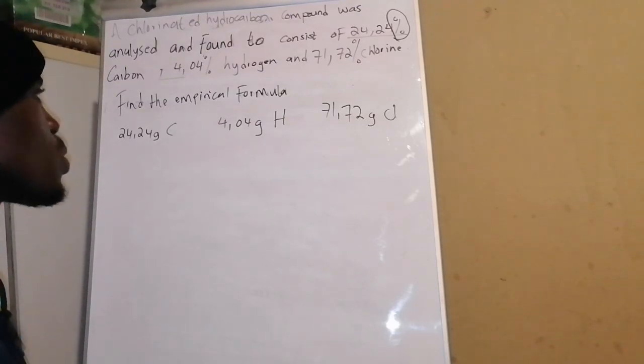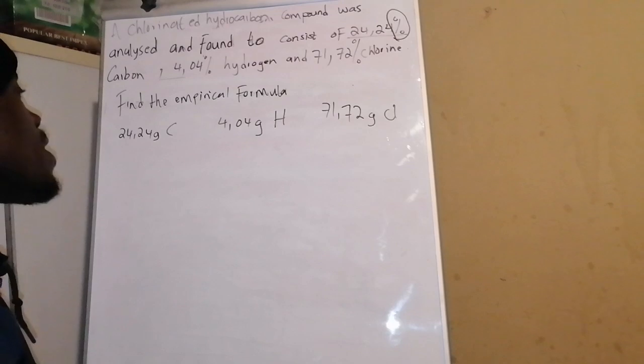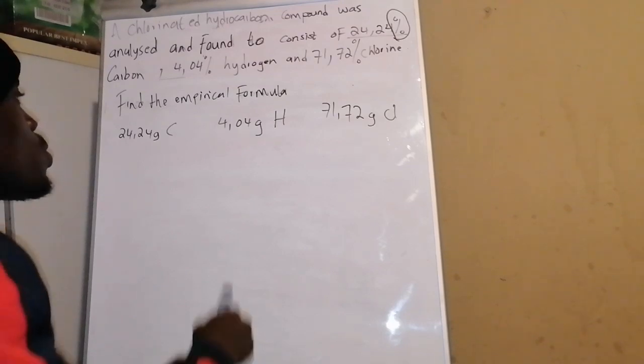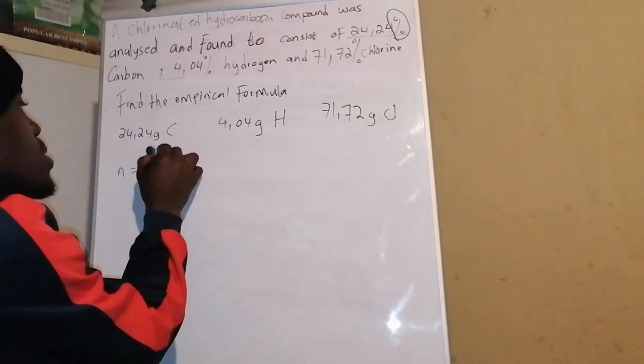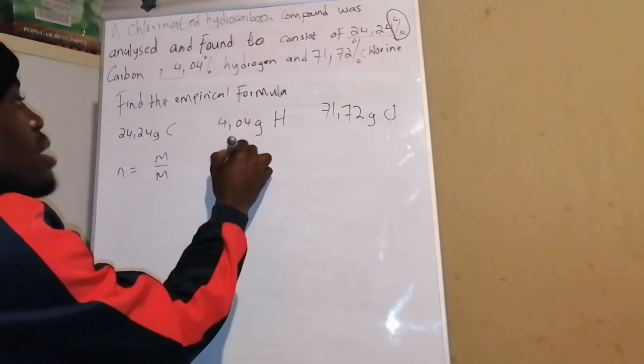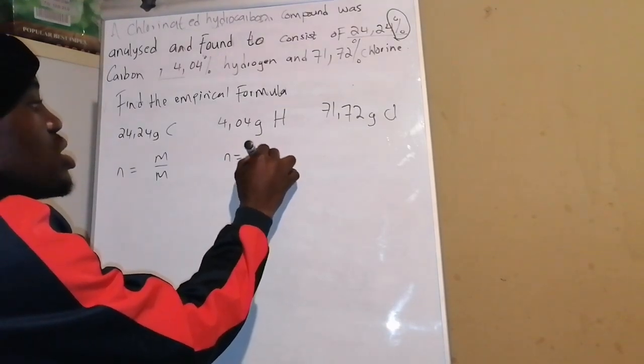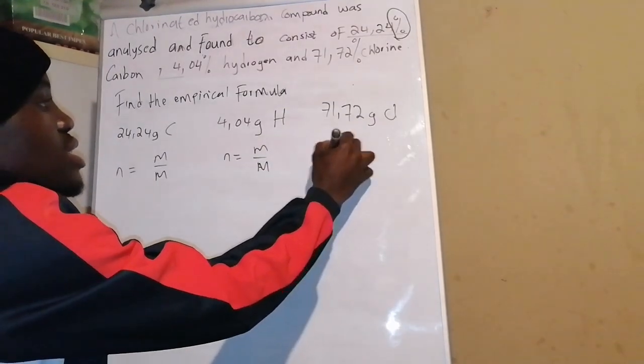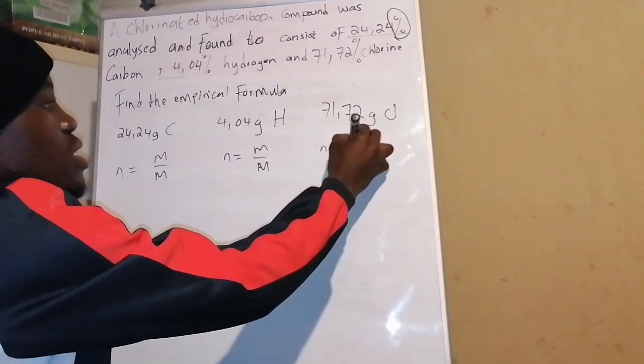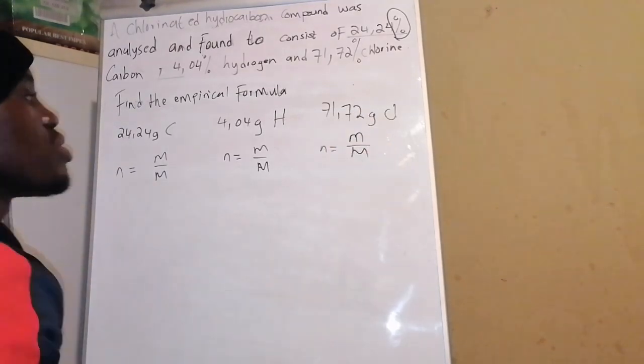Now, the first step, you must bear it in mind all the time. So you find the number of moles for carbon, for hydrogen, and for chlorine.